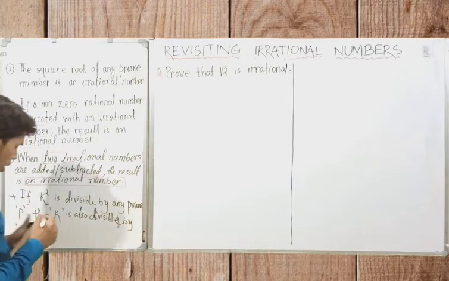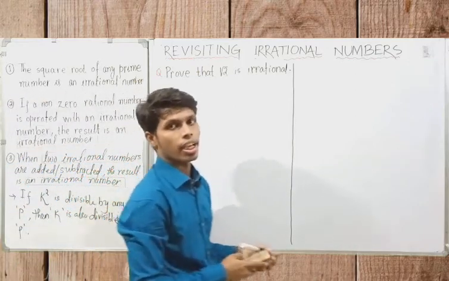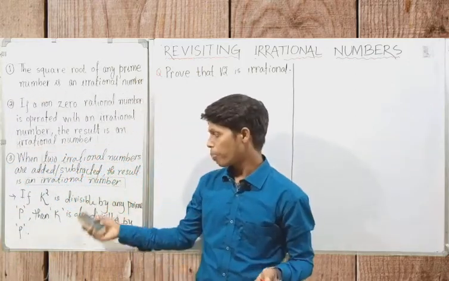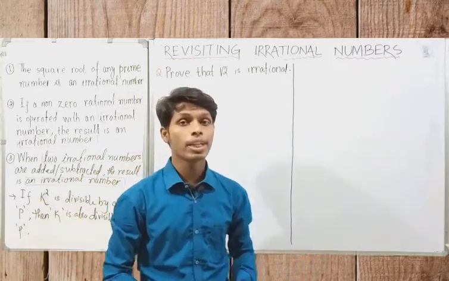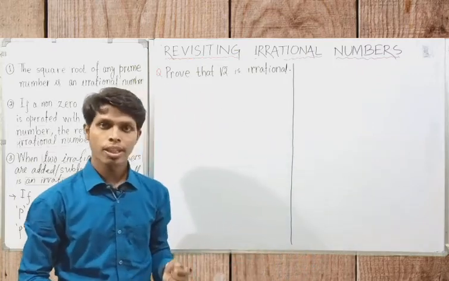Okay, this means if any composite number k is divisible by p, then k square is also divisible by p, or if k square is divisible by p, then k is also divisible by p.